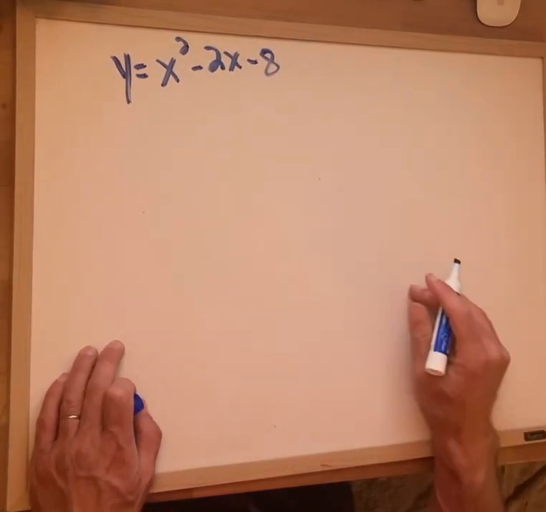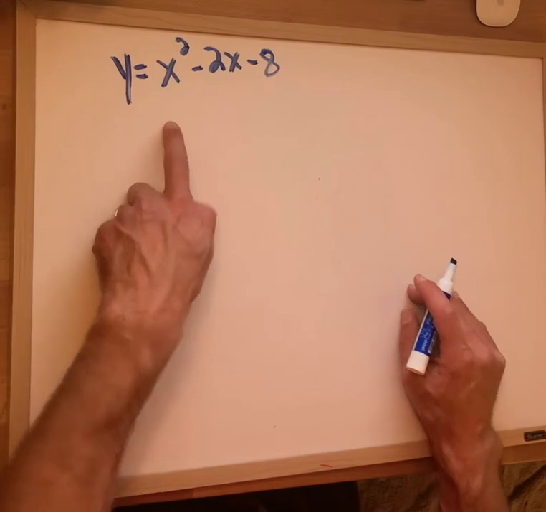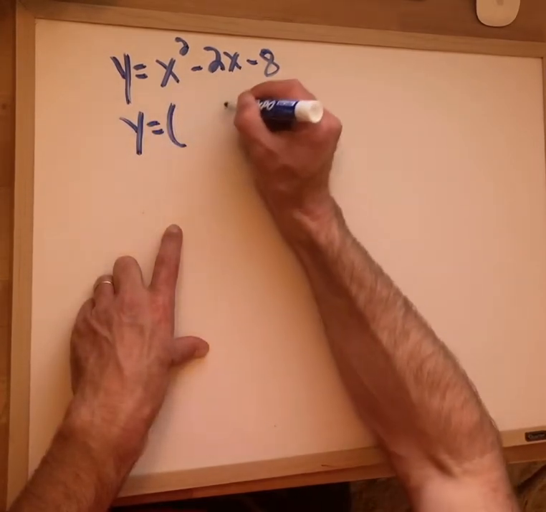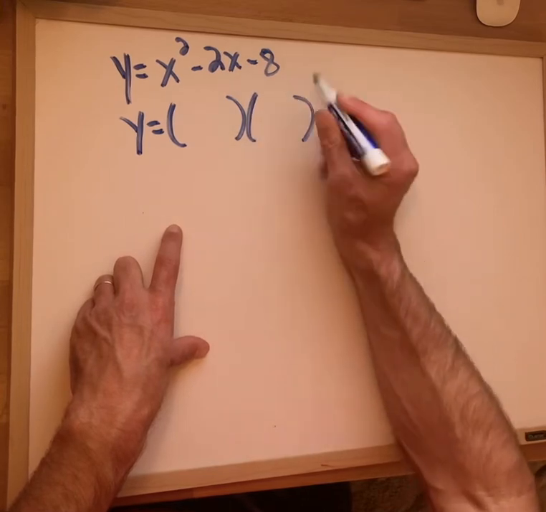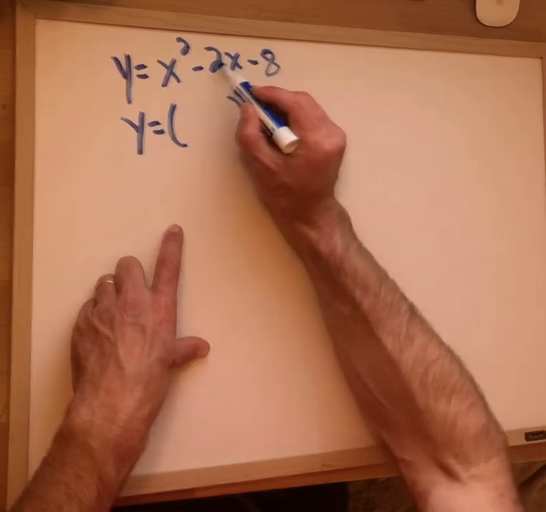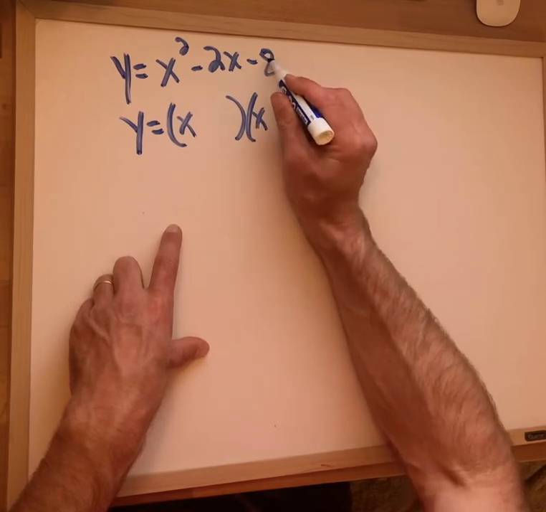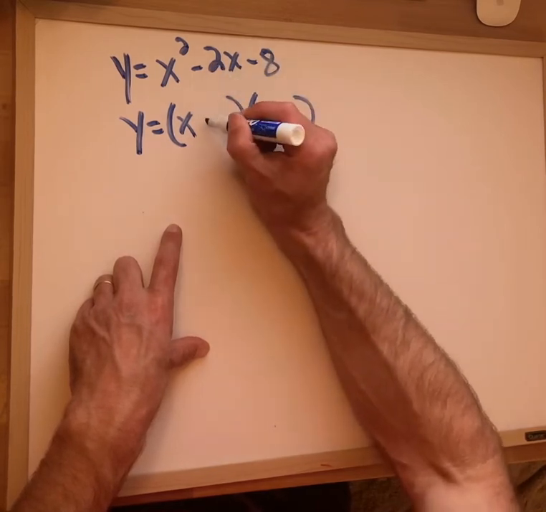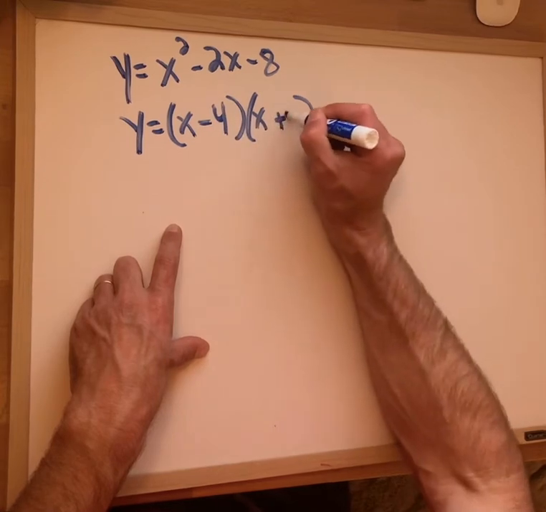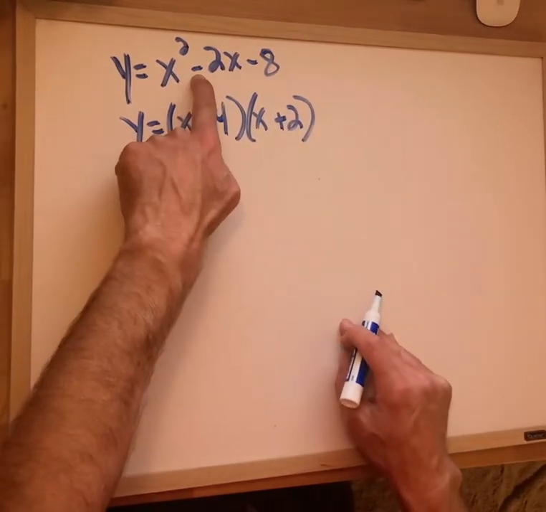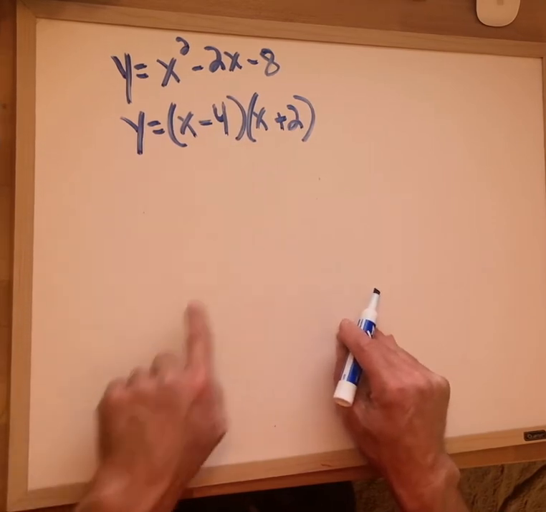From last lesson, you took something like this and then you factored it, meaning we put it into factored form. Two numbers that multiply together to get the last term, add together to get the middle term. So two numbers that multiply together to get negative 8, add together to get negative 2: negative 4 and positive 2. And then I taught you this is called the standard form of a quadratic. This is called the factored form of a quadratic.